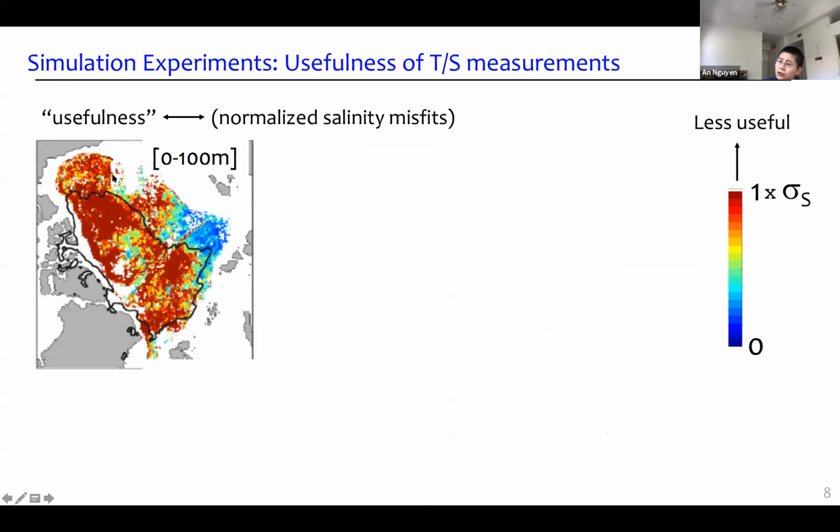The error is not only a spatial pattern, but also a function of depth, because the upper ocean is more directly influenced by atmospheric control, and as a result the variability can be very high. When the position error grows, the error in temperature and salinity can grow. We find that in most of the Arctic, except for some selective locations, the error can be too large for it to be useful, again using the measure of above or below 1 standard deviation.